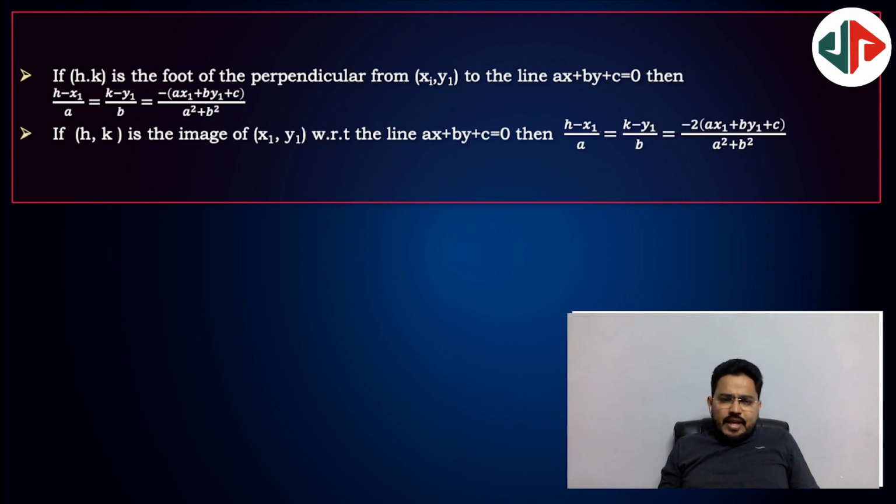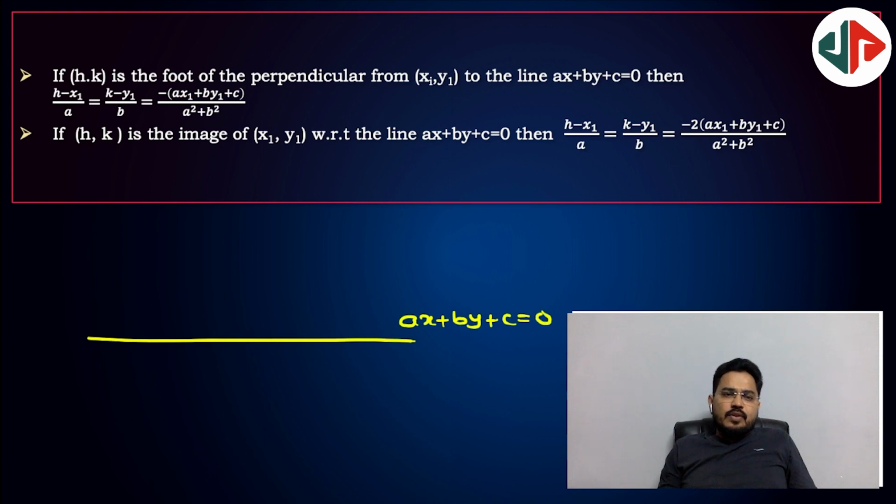Okay. So, if this is the line ax plus by plus c is equal to 0, and this is the point x1, y1. If you draw a perpendicular and where it is meeting, this is called the foot of the perpendicular. So if this is h comma k, what happened? This slope will be perpendicular to this slope.